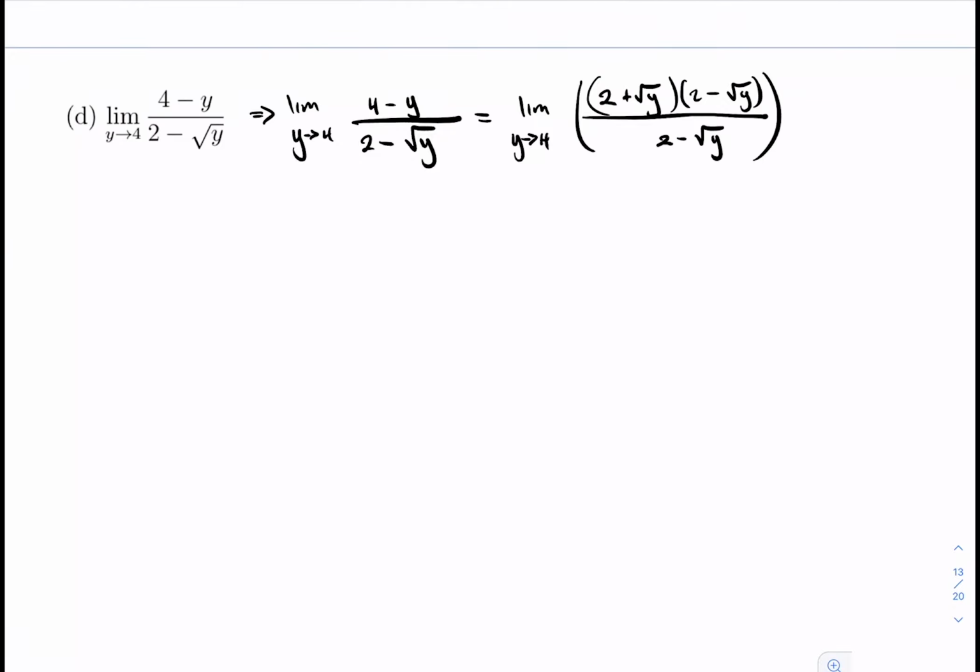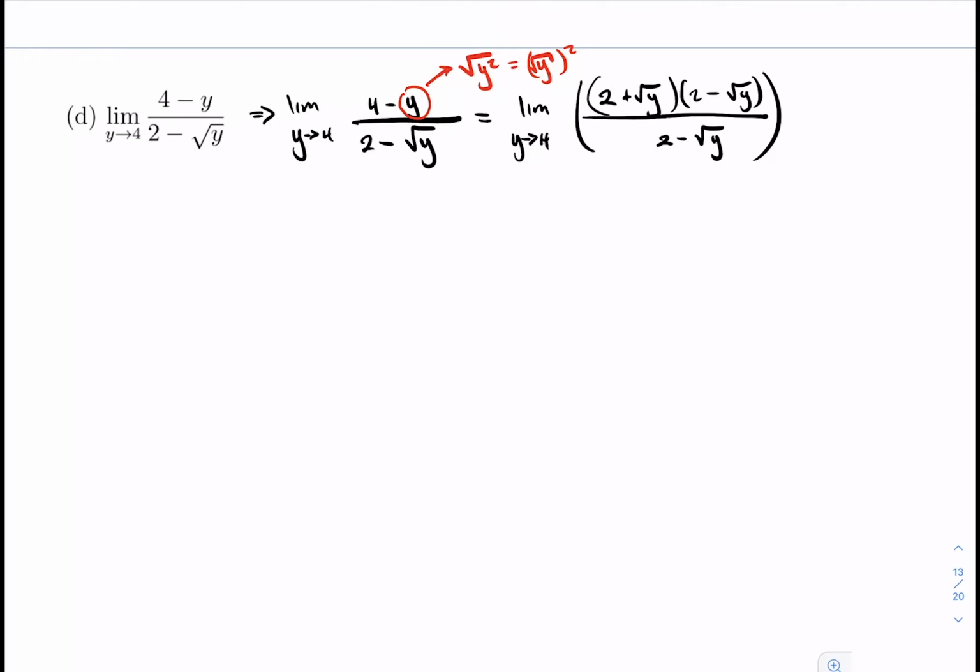If we look at our numerator carefully, we realize that this y is actually the square root of y squared.